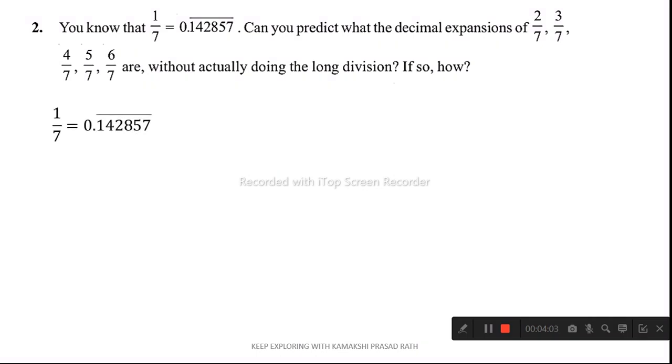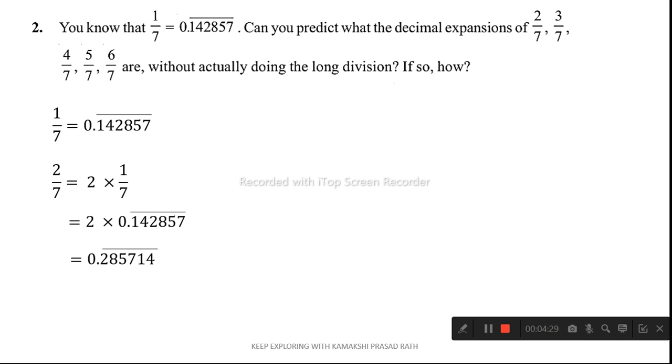As it is given, 1 by 7 is 0.142857 with a bar. Now to find 2 by 7, let's see. 2 by 7 can be written as 2 times 1 by 7. When you replace 1 by 7 by its decimal expansion, that is 2 times 0.142857, we get the multiplication as 0.285714 with a bar.